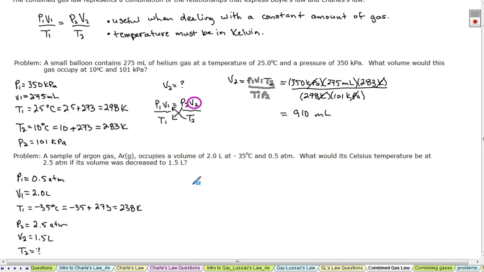So again, we set up our relationship, P1 V1 over T1 is equal to P2 V2 over T2. Now in this case, I want to find my final temperature.